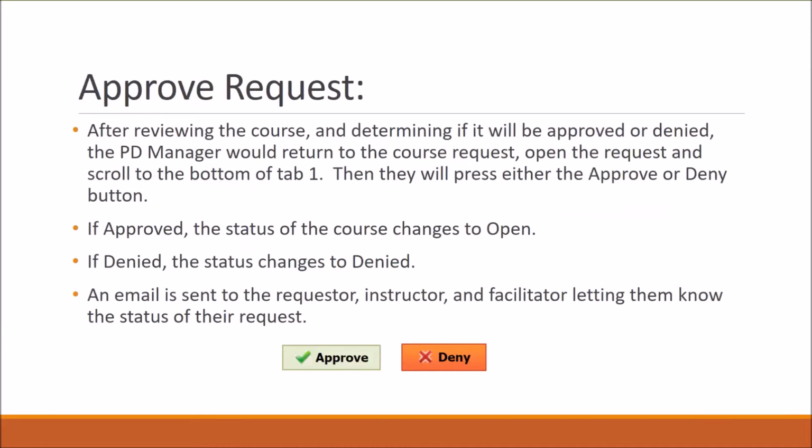Sometimes it's easiest, rather than denying, to leave it in the review status and email the instructor or the facilitator, and have them go in and fix anything that might need to be changed, or if you've had any questions, get those questions answered, and then they can resolve it, and then you can go ahead and approve it.